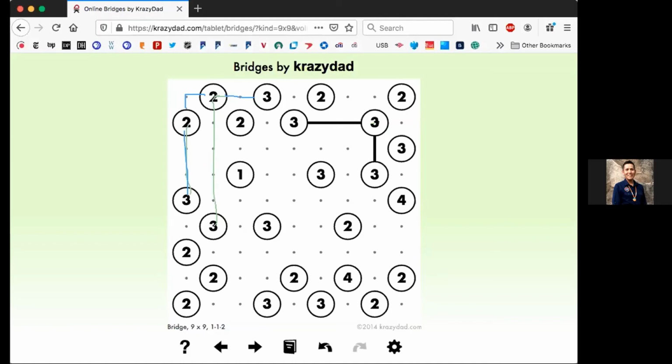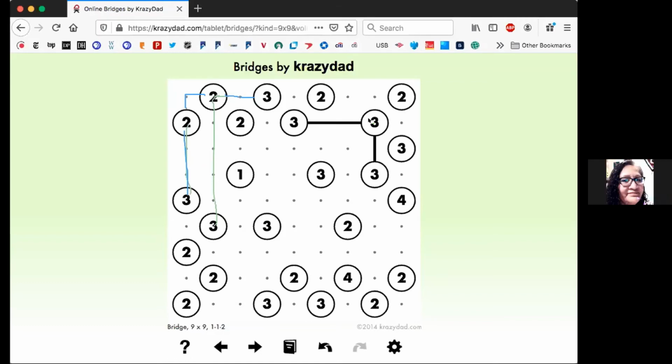Now, any idea what I noticed about that 3? It had 3 bridges and how many choices? How many directions? Only 2. Right. Oh, we're going to have 2 bridges.